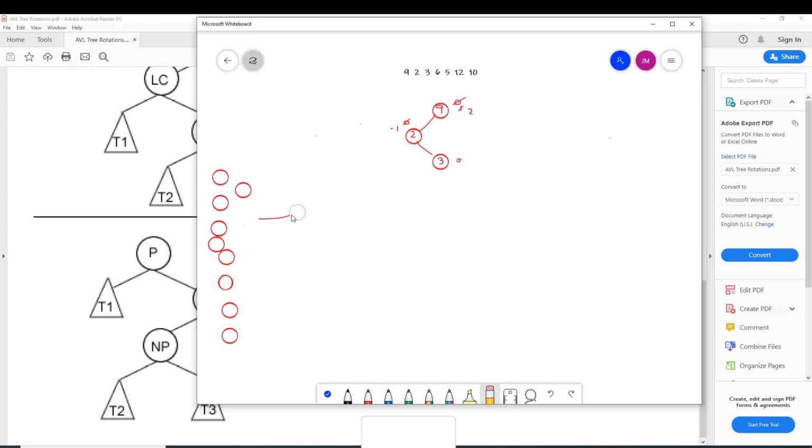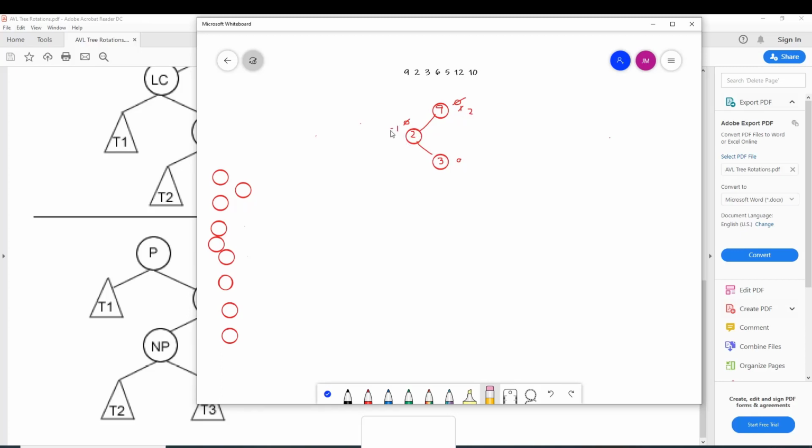So now I need to look at what kind of a rotation I need. So this is called the parent, and it's the parent not because it's the root, it's the parent because it's the one that's out of balance. So the parent is heavy on the left. That's because it's a positive number, and the left child is heavy on the right.